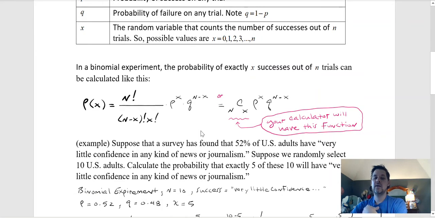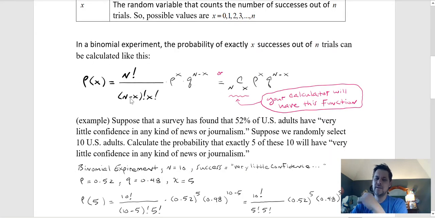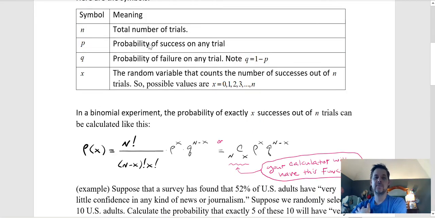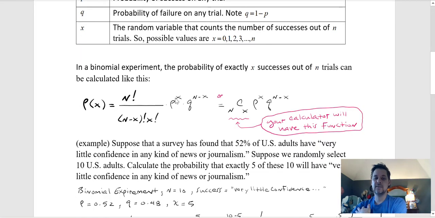Now, the formula is more complicated than I'm going to explain in this video, but you can look at it like this. You see why that's p to the x power? Well, x is how many successes there are. So maybe it makes sense that you take p, the probability of success, to the x power, how many successes you want to calculate the total probability of.